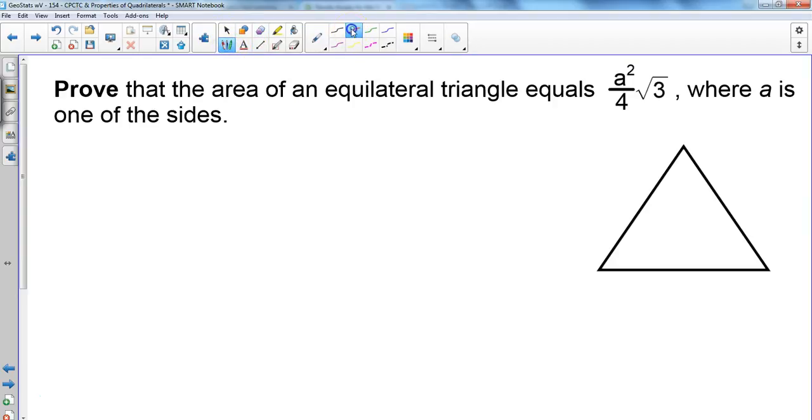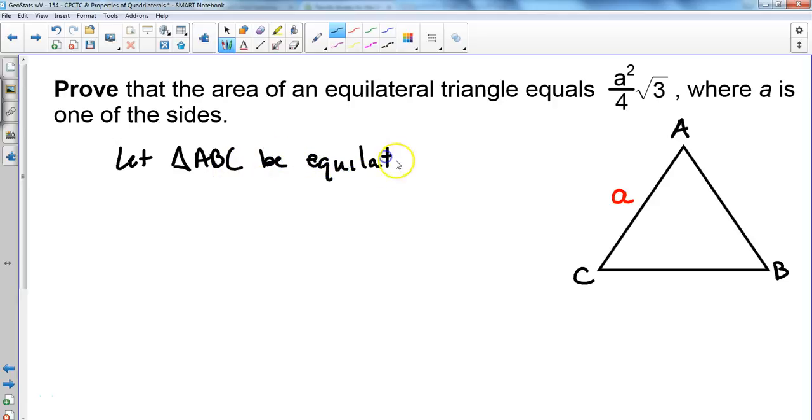And let's go ahead and label these sides. We'll label them A, B, and C. And we're also going to let one of the sides be A. So when we start this quote-unquote proof, we're going to let triangle ABC be equilateral, and A be the length of one of the sides.